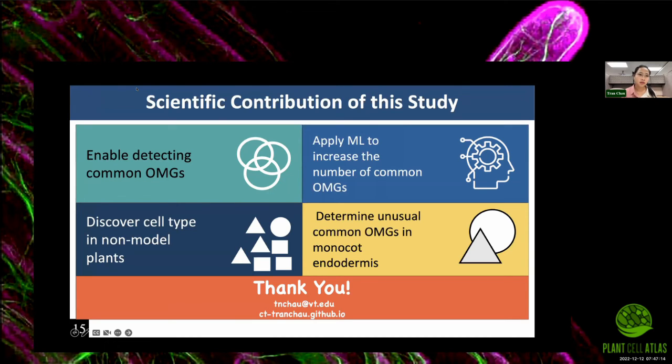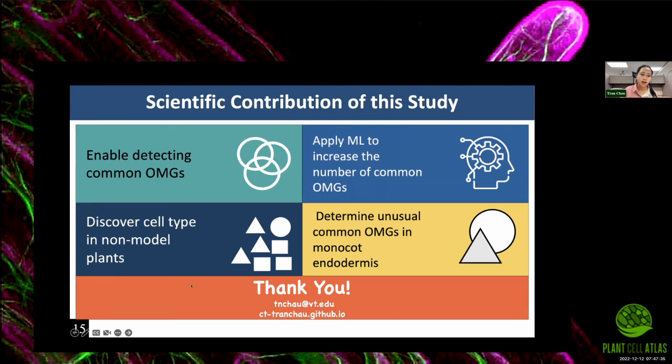Okay, then Ken Birnbaum asks, did the markers identified by the different methods agree on the specific genes? So you had the three, yeah. Yes, actually, all three methods agree with the top highly specific OMGs.